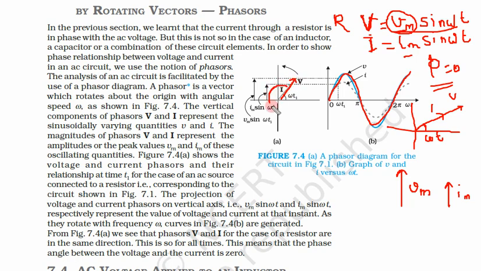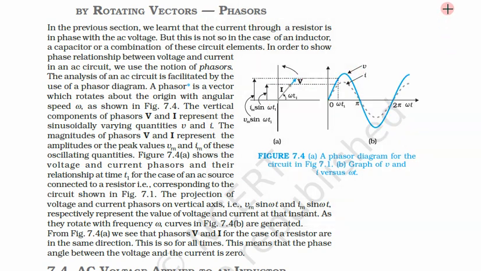This is rotating, and the rotation has an angle, let us say theta or omega t. This angle is giving some sine theta, and sine theta with this magnitude is generating this wave.